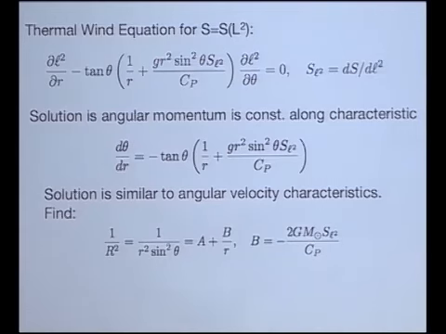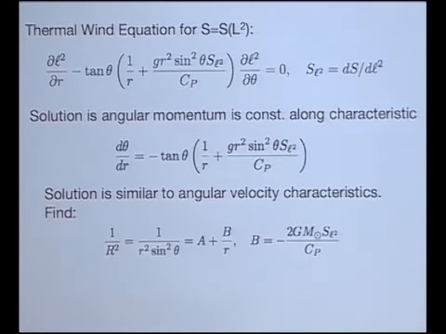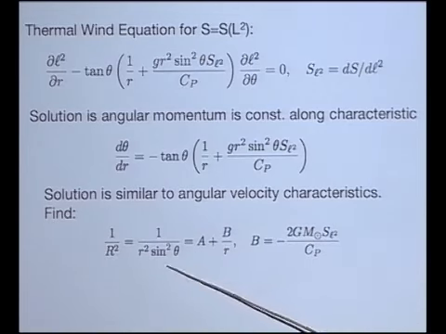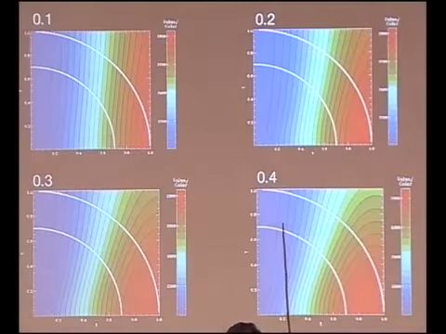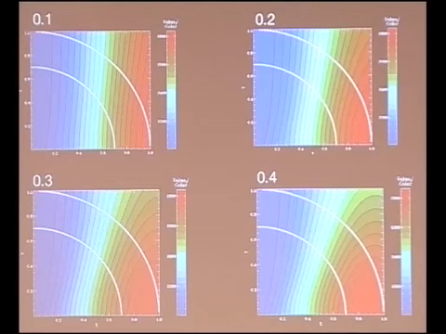You can derive this quasi-linear equation for the contours of constant angular momentum. The solution for the characteristic is again solvable by the same types of techniques. You can reduce it to a linear equation for some power of r sine theta. And you get a very different looking equation for the contours.